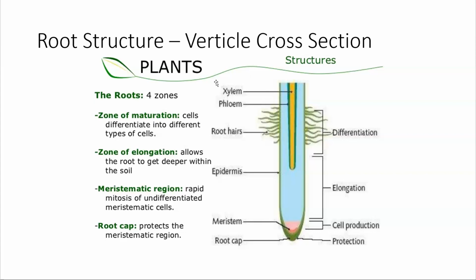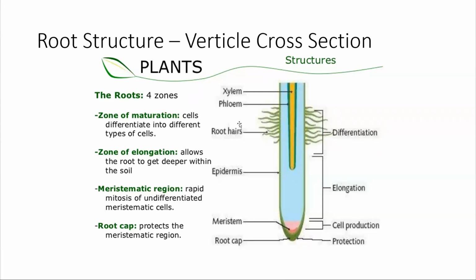Okay, so if we start looking at the cross section here, we've got xylem and phloem, and essentially the xylem and phloem only exist within the zone of maturation and just a little bit into the zone of elongation. At that differentiation point, within the maturation zone, we see root hairs coming out. Now the root hairs, we'll get into root hairs.